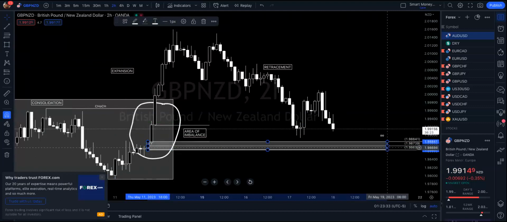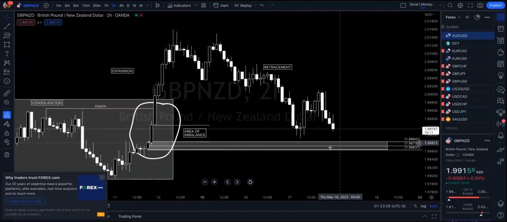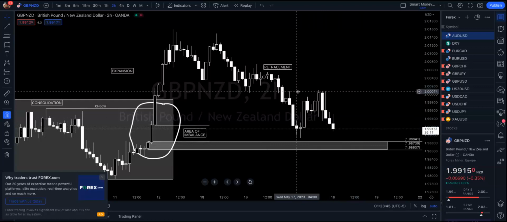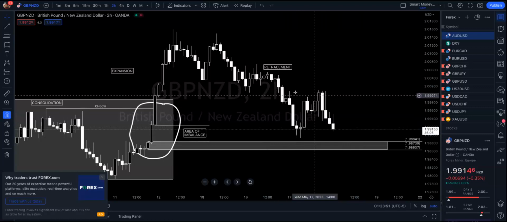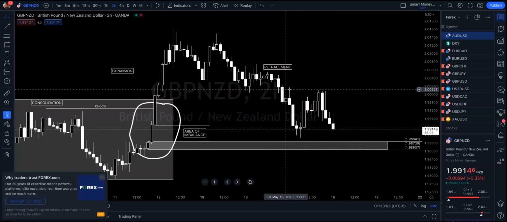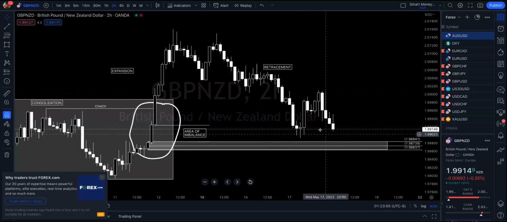Right up in there. We want price to come back up in this zone. Now, like I said, it's going to come down and we have imbalance here as well. And we have a weak high, and we're going to say this is liquidity, right? Equal highs, liquidity, all right?